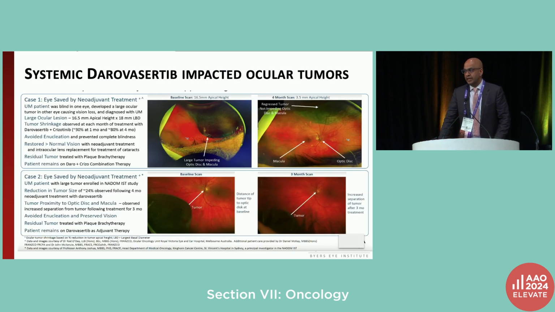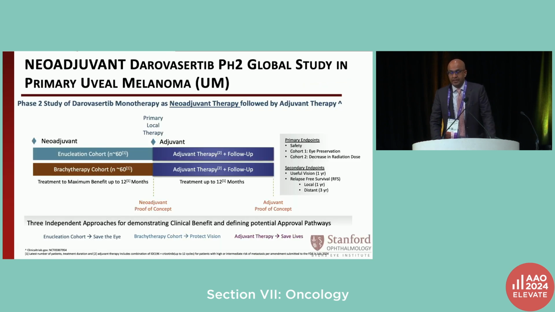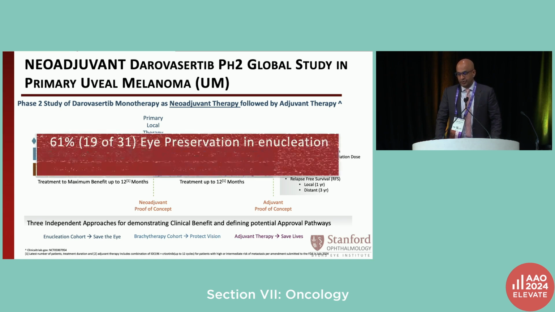Interestingly, some patients with untreated ocular melanomas were treated for their metastatic disease, and their tumors got smaller within the eye. This has led to a phase 2 global study of neoadjuvant darovasertib, taking patients who would be sent for enucleation or radiation therapy and treating them with this oral medication, then following the response to see if it can save eyes or improve visual outcomes.